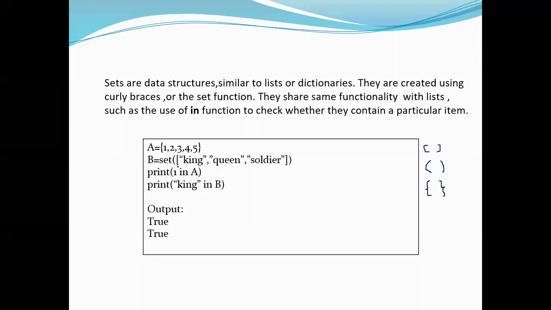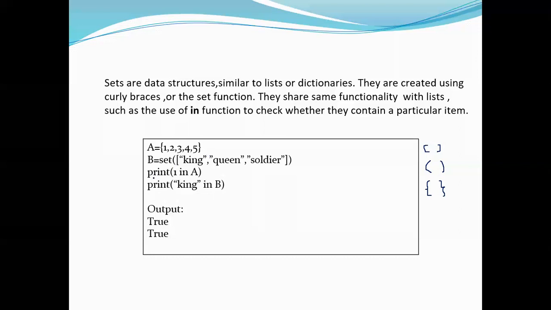Here the list has 3 items, king, queen, and soldier. Why am I calling this a list? It has been enclosed inside square brackets, and I say set of this particular list. Now what will happen? This particular list will be converted into a set. This is the conversion that takes place, common to other data structures also.